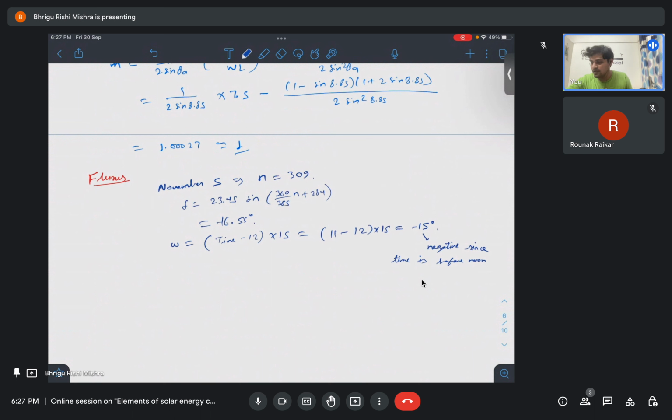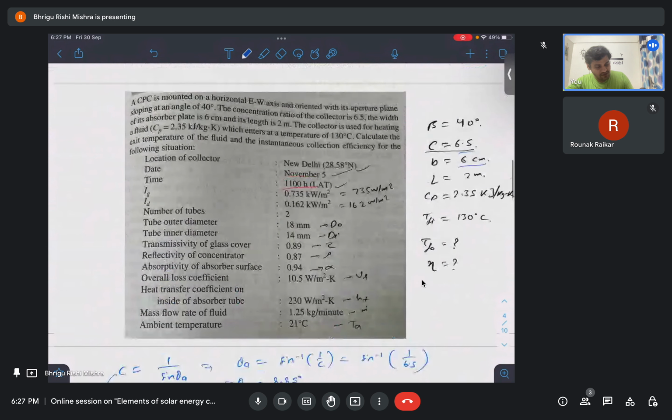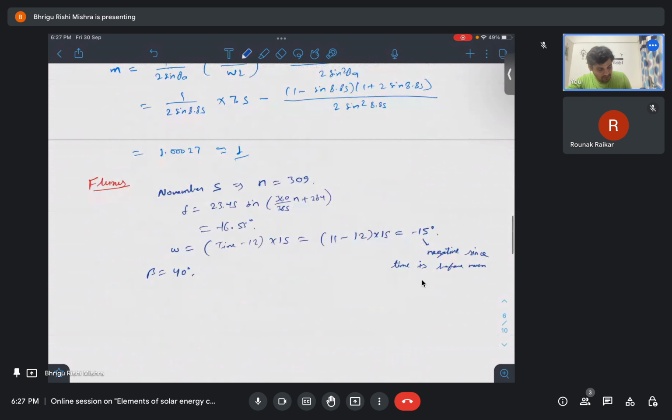So we have omega and we have delta calculated here. We also have beta, which is 40 degree, and the latitude. Okay, latitude is given, this is L, so latitude L is 28.58 degree north.